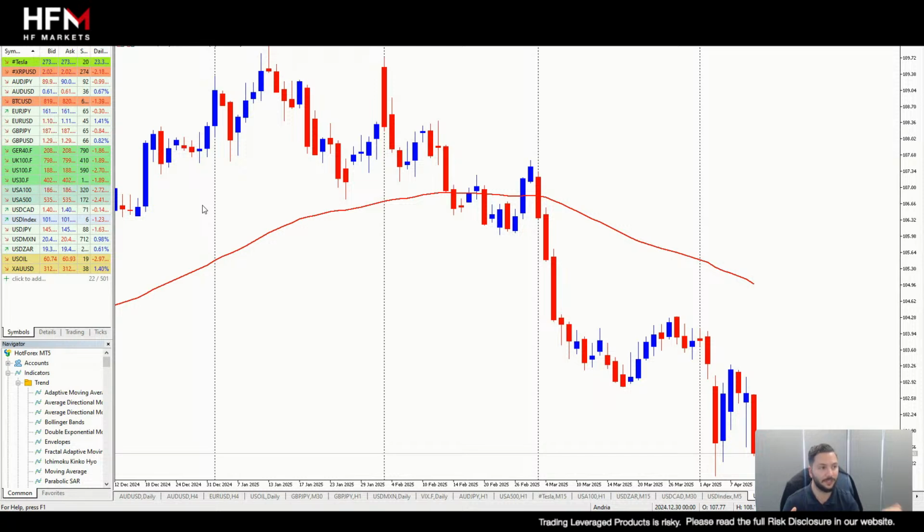So everybody knows that Trump wants the US dollar to decrease in value. If we're going to get lower inflation as well, that will have a domino effect on Federal Reserve interest rate cuts, which also can put a lot of pressure on the US dollar.